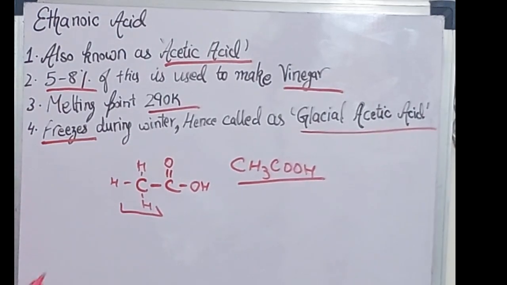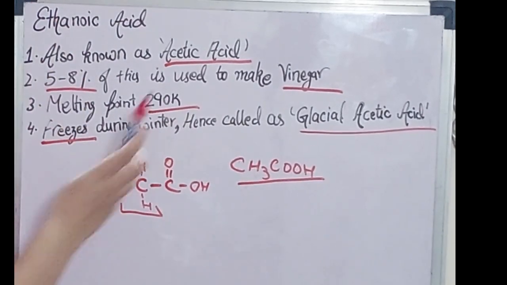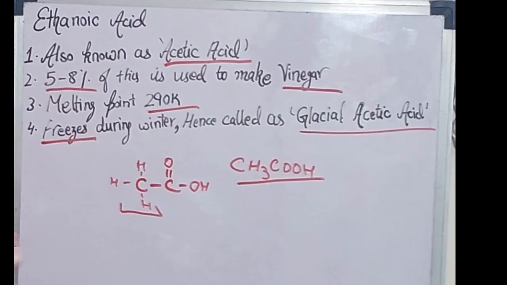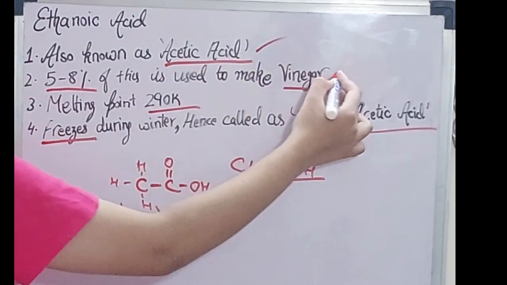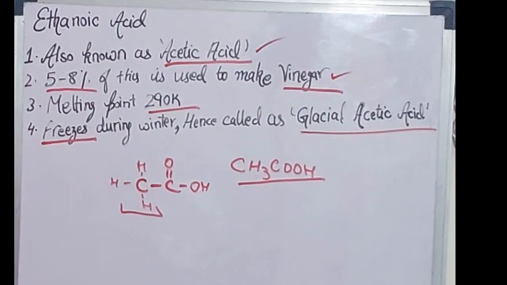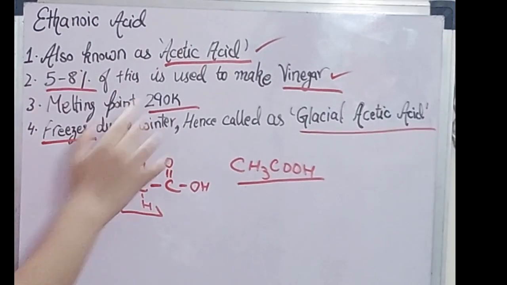Okay, I hope this much is clear. This is something you just need to remember. This is a fact that once you hear, you can't unhear it. Once I heard that ethanoic acid is in vinegar, I was so excited that I can't forget it my whole lifetime.